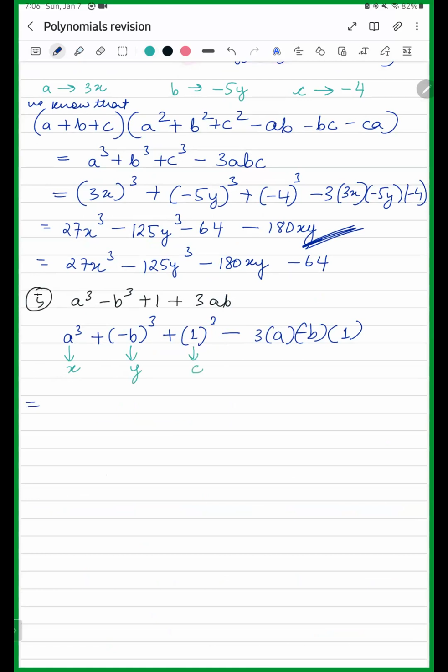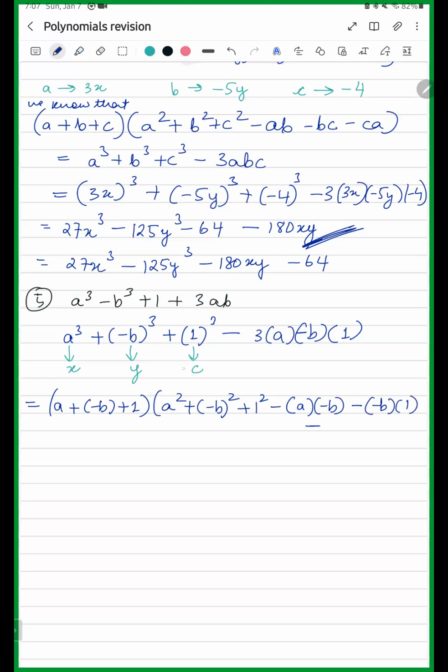So this is equal to (x + y + z)(a + (-b) + c)... into x squared plus y squared plus z squared, a squared plus (-b) whole squared plus 1 squared, minus ab, minus xy, which is a into minus b, minus yz, which is minus b into 1, minus zx.